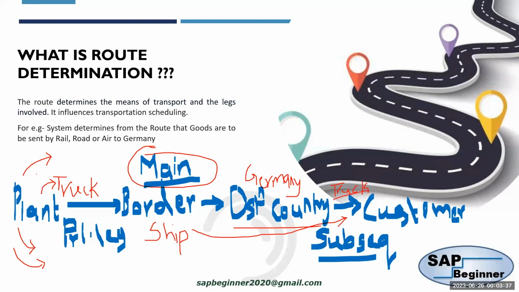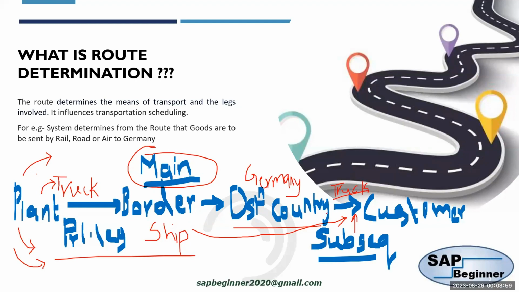Now this truck, you would call it the subsequent leg. So first, when you carry the goods in the truck, that is called the preliminary leg. When from the border the goods are moved to the destination country, that is called the main leg.